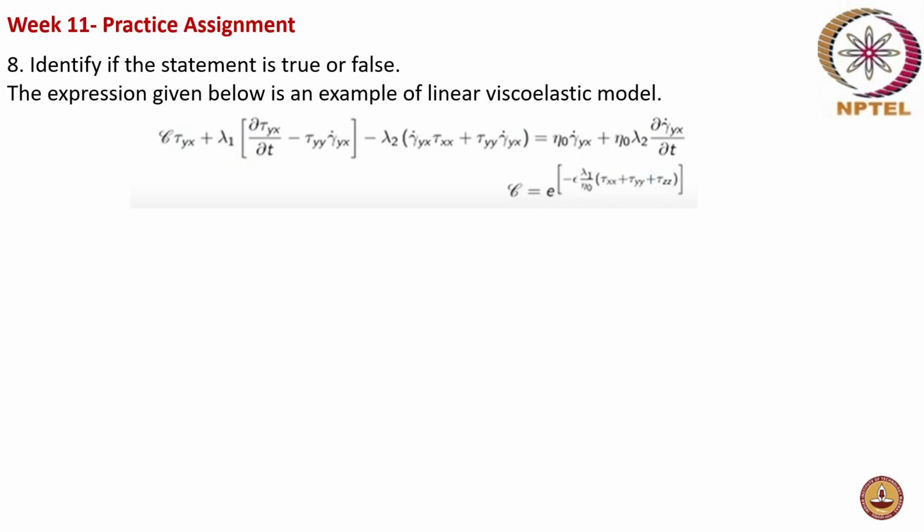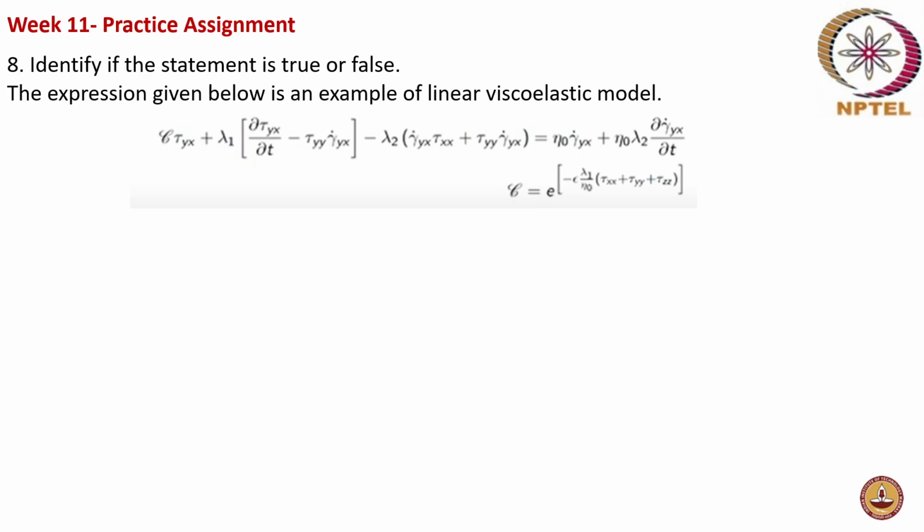So you have this expression as shown here: some constant into tau xx plus lambda 1 into first derivative of your stress, rate of change of stress, minus tau yx into gamma dot yx minus lambda into gamma dot yx into tau xx plus tau yy into gamma dot yx is equal to eta naught into gamma dot yx plus eta naught into lambda 2 into rate of change of strain rate.